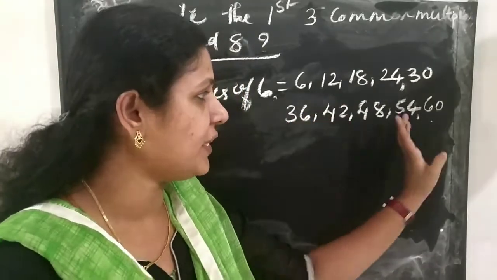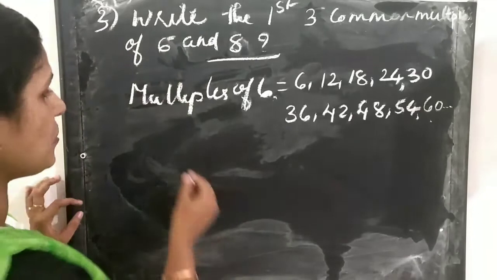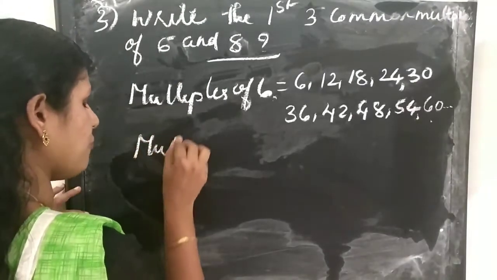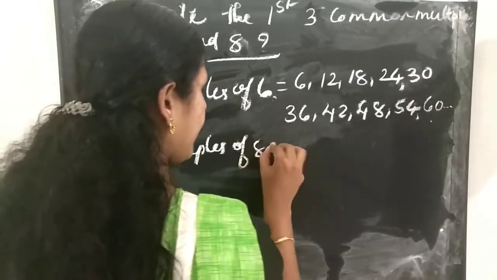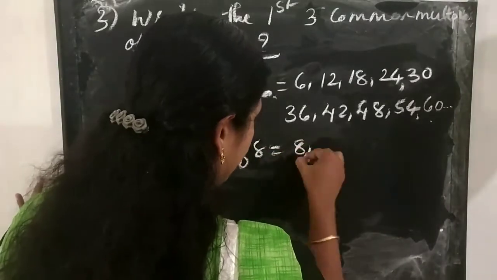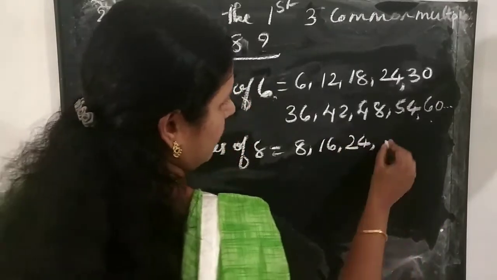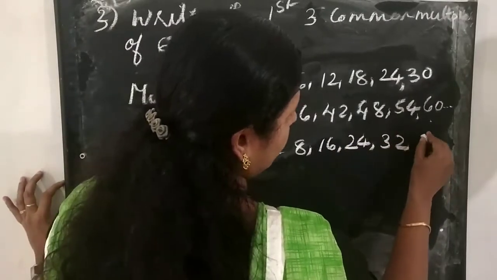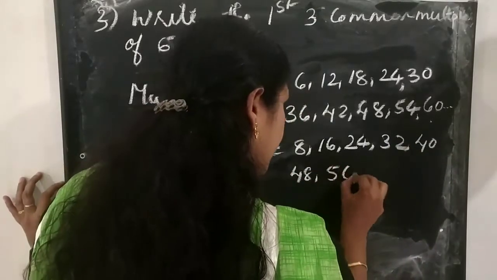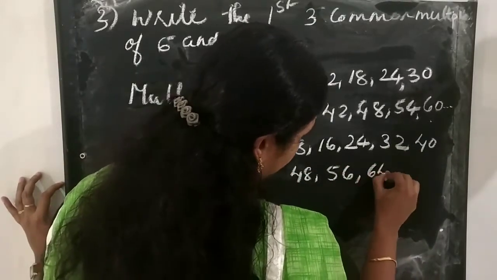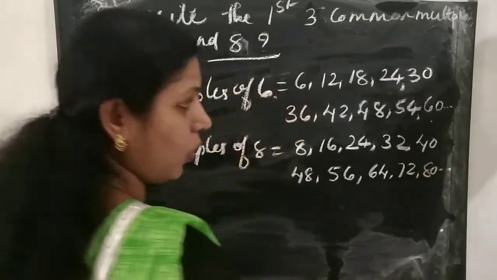Like that you can continue, and so on. Then multiples of 8: one 8 is 8, 16, 24, 32, 40, 48, 56, 64, 72, 80 and so on.